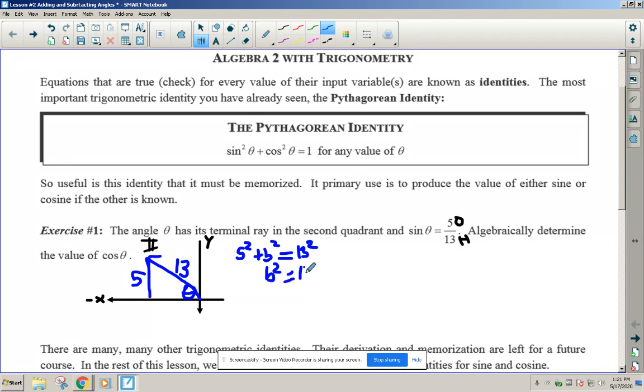So you can always stop the video and type those things in. And then the square root of 144 tells me that the base of this triangle is 12. And I went a distance of 12 in the negative direction. So remember, this 12 came from heading in the negative direction. So now my cosine of theta is going to be the adjacent to the hypotenuse going in the negative direction.